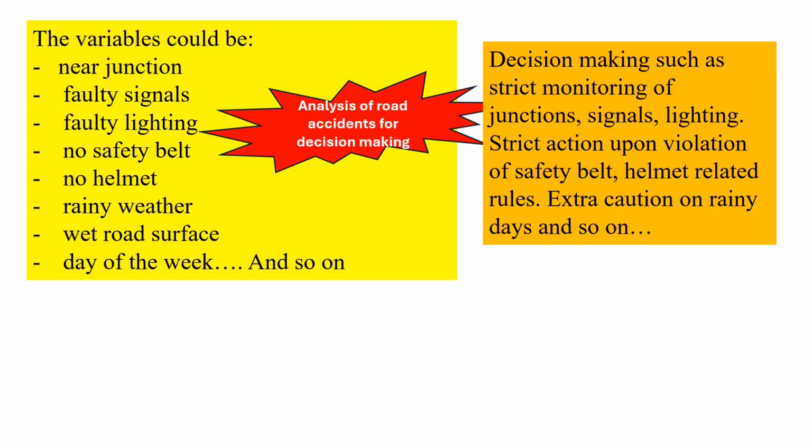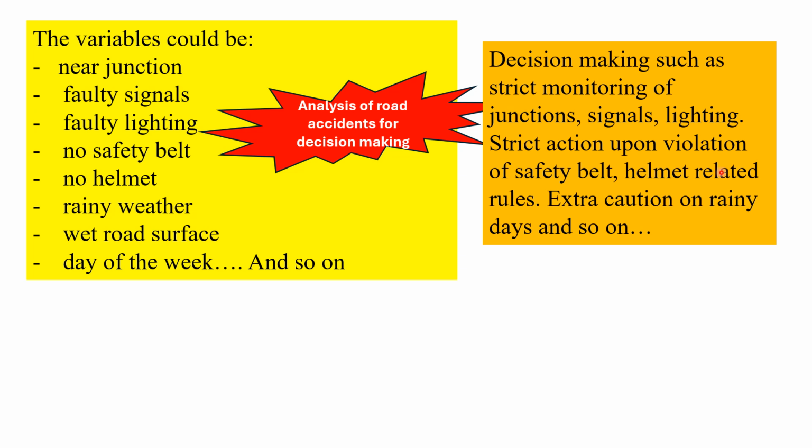So in analysis of road accidents, you could take the data regarding the nearby junction or faulty signals or faulty lighting, whether a safety belt was used, whether a helmet was being used in an accident involving two-wheeler vehicles, whether the weather was rainy, road surface, and so on.